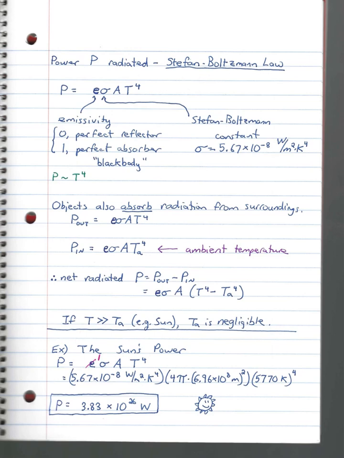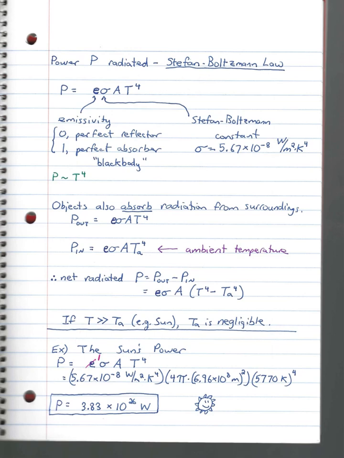Emissivity ranges between 0 and 1, and it describes how effective the surface of the material is at radiating. 0 means it's a perfect reflector, 1 means it's a perfect absorber. We call that a black body. Sigma is a constant, the Stefan-Boltzmann constant. It's one of those useful constants in the front flap of your book, 5.67 times 10 to the negative 8 watts per meter squared Kelvin to the fourth.